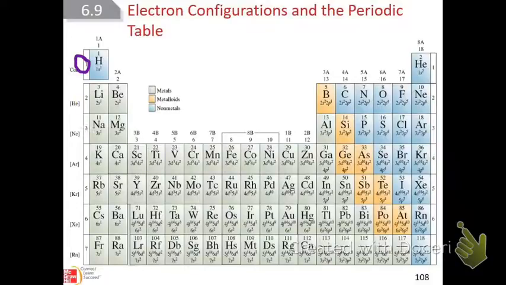Okay, but also after that you would put neon 3s1, that's the electron configuration for sodium. Neon 3s2, that's magnesium.